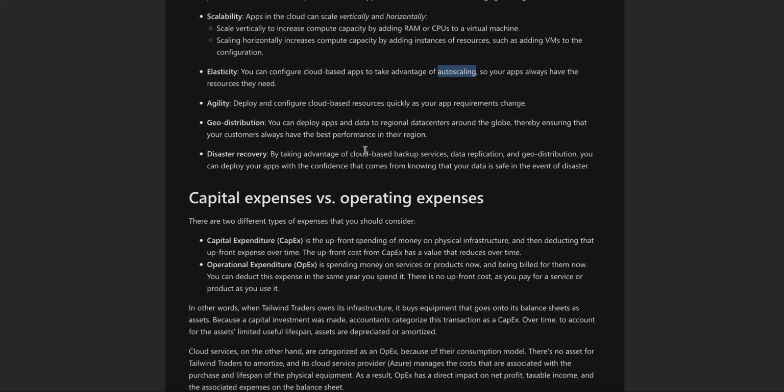And then you have disaster recovery. By taking advantage of cloud-based backup services, data replication, and geo distribution, you can deploy your apps with the confidence that comes from knowing that the data is safe in the event of disaster.